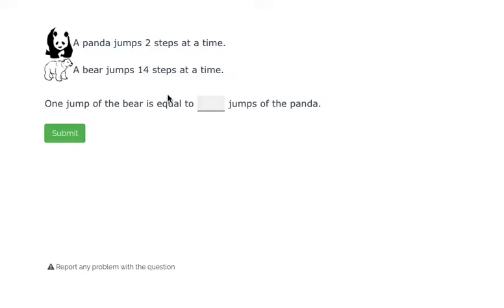It's equal to 7, because you have to do 14 divided by 2. The panda jumps 2 steps at a time, the bear jumps 14 steps at a time, and the bear's steps are bigger, so we divide 14 by 2.